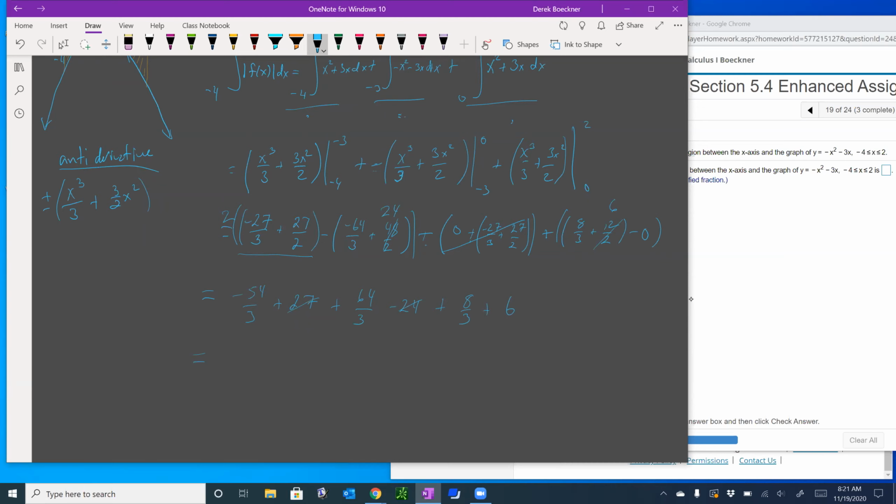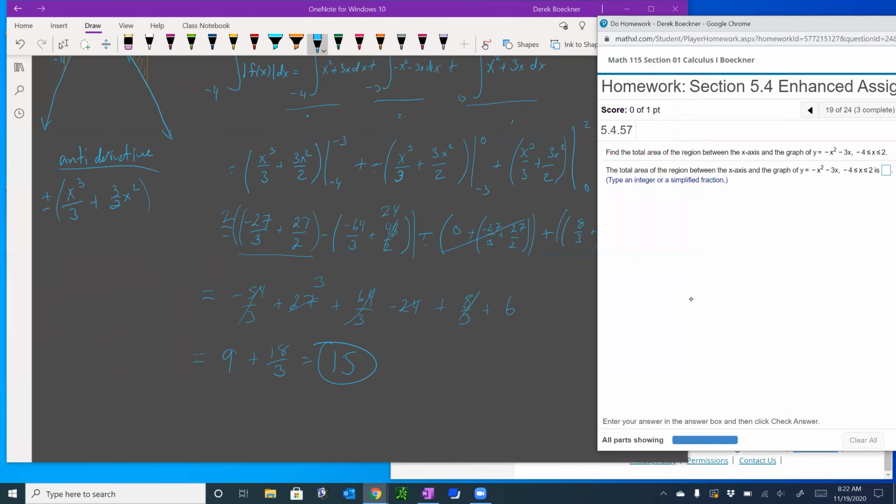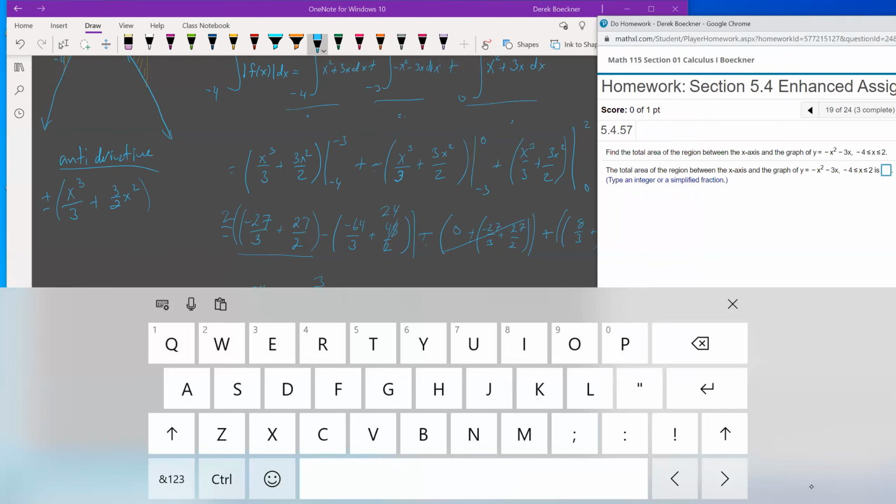So that's 3, so I've got 9. And then there's 10 thirds, 18 thirds. 18 thirds is 6, so this is 6 plus 9 is 15. Hopefully all my arithmetic is correct, but I think we're down to 15.